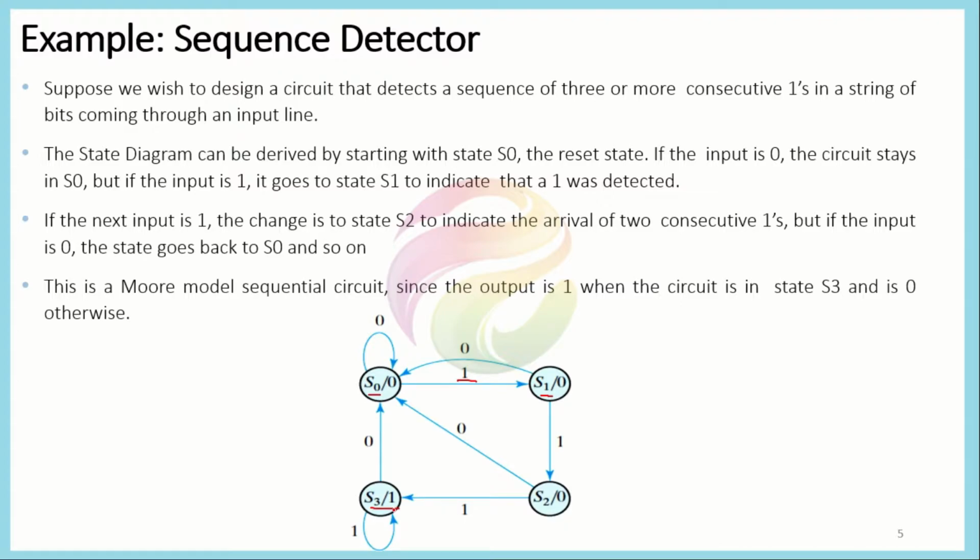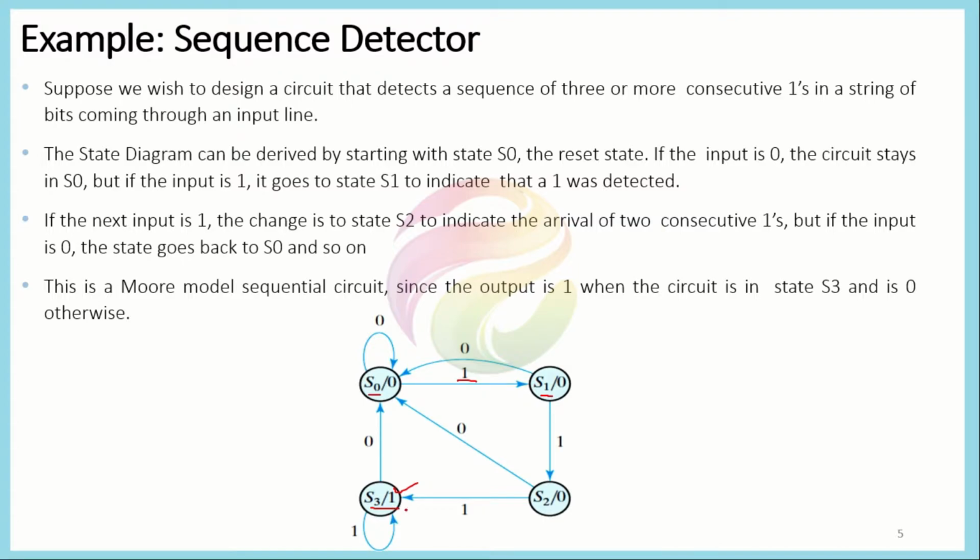When the system is in state S3, the main functionality of the system is performed: it is now detecting that there are three consecutive ones. After detecting the three consecutive ones, the state puts its output value equal to 1, because its output is only dependent upon the current state.